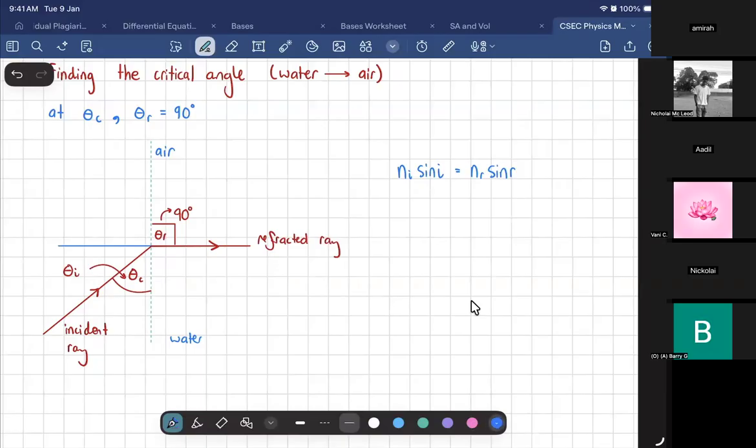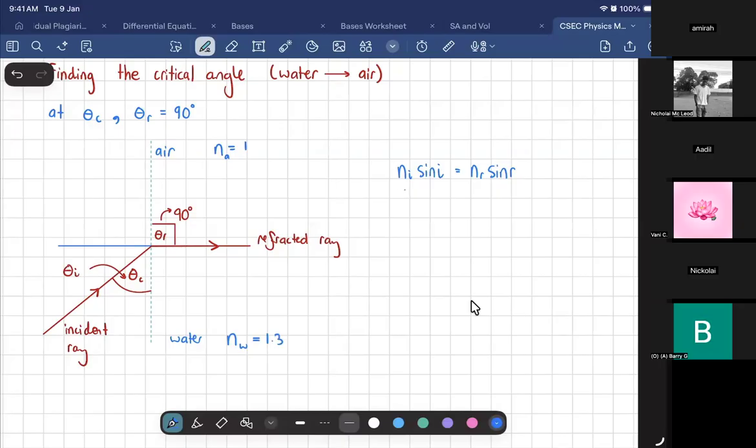To make sure you're not confused, let me put the refractive index of water here and the refractive index of air here. What's the refractive index of air? 1. What's the refractive index of water? 1.3. We know that.